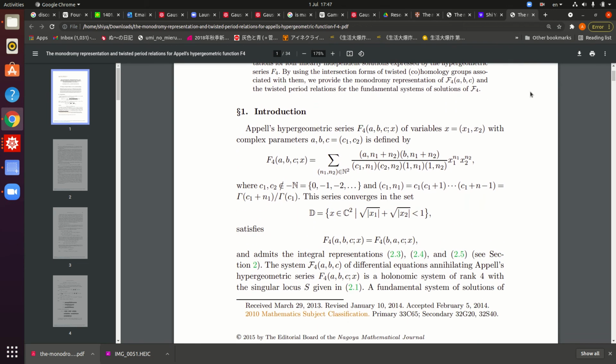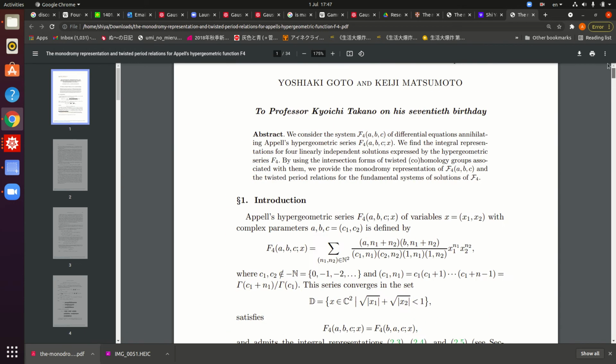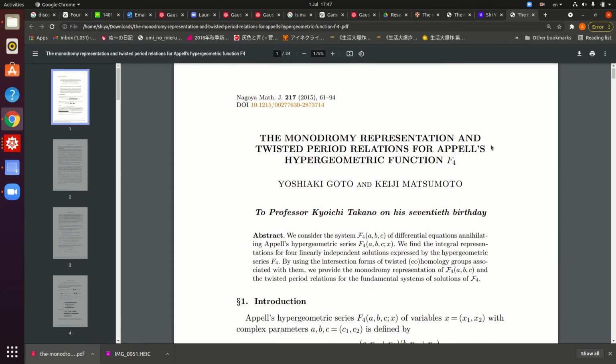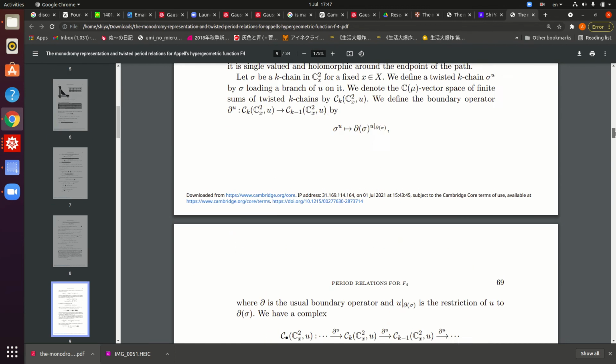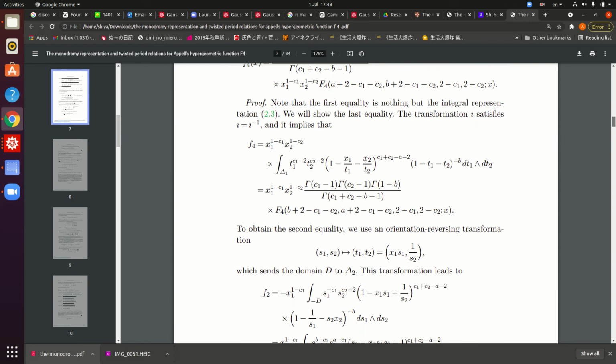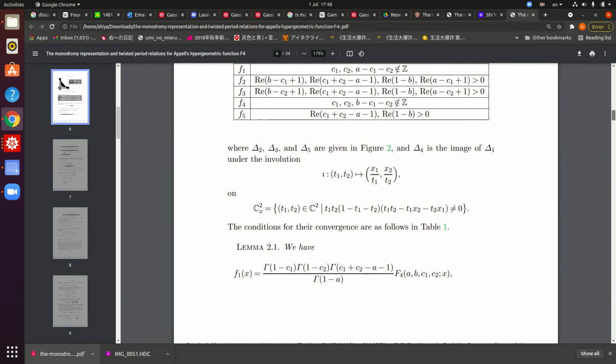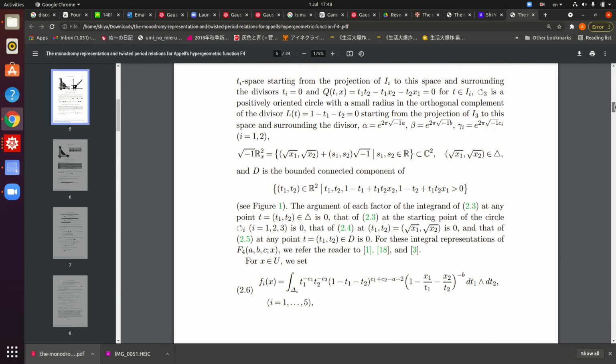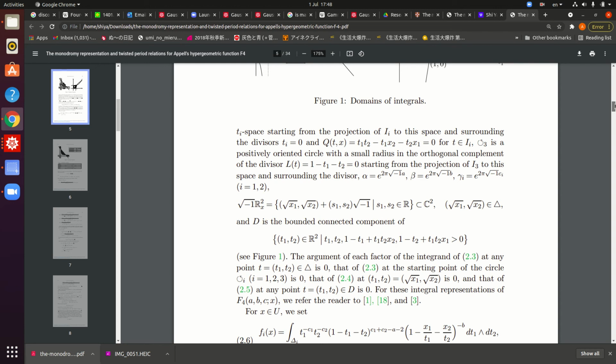I mean, this. Oh, it's a different D, sorry. No, I mean the integration region D. The integration region D is used in equation 2.5 to define an integral, okay?